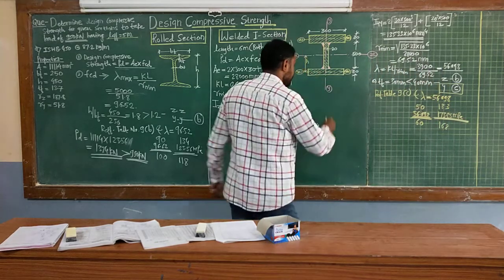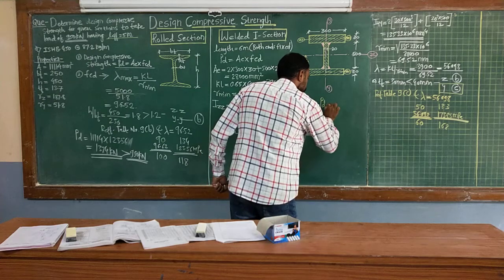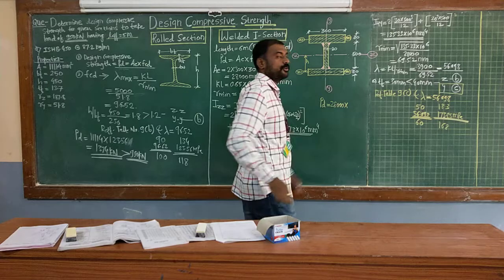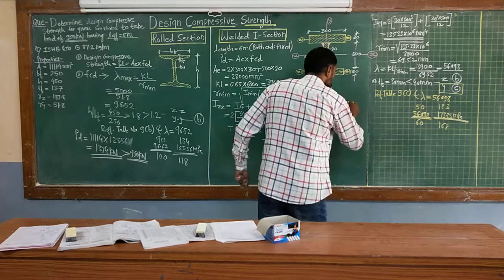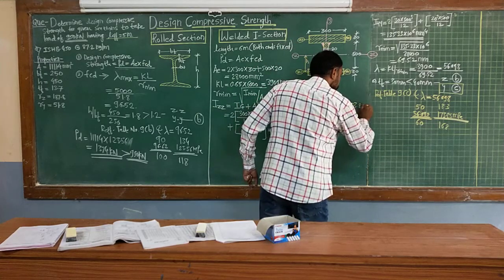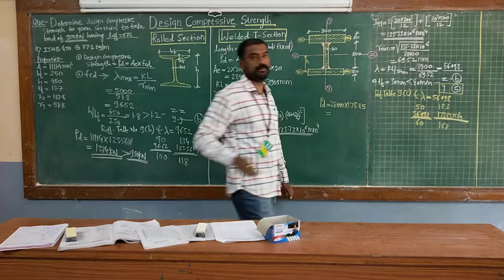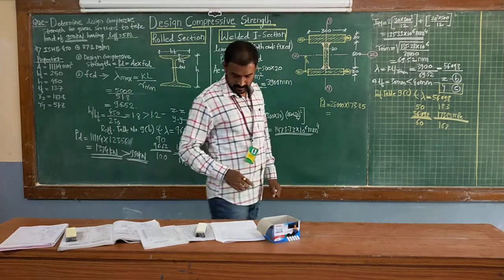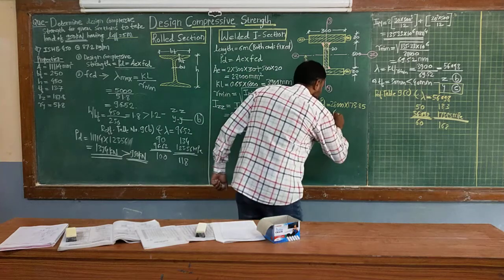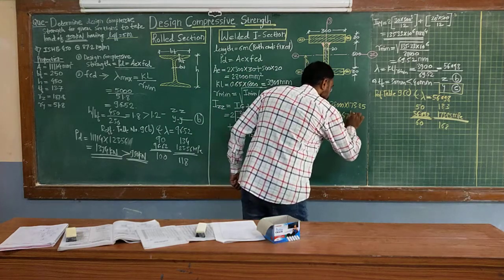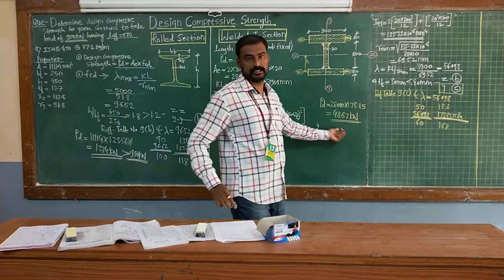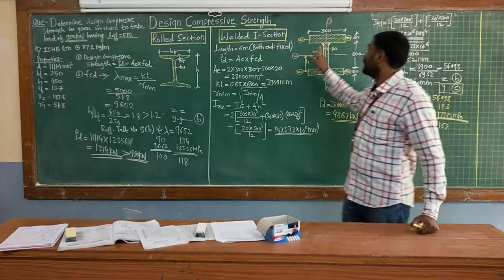Correct? So calculating the last step, design strength PD is equal to 28,000, that is area effective, multiplied by FCD value 173.85 divided by 1000. So the final answer is 3245. Sorry, it is 4867 kilonewton. So this is the final answer for the second, that is welded I section.